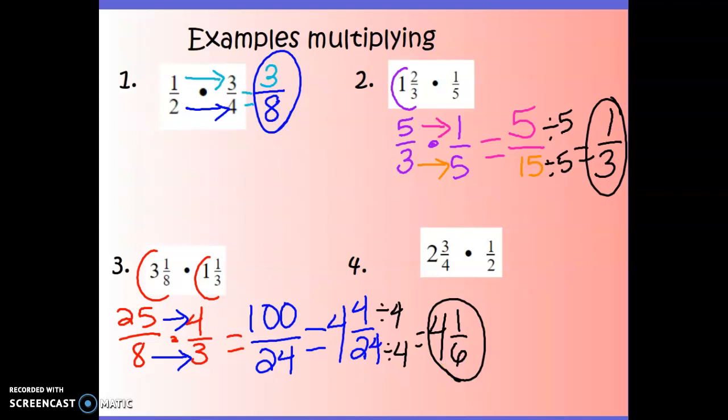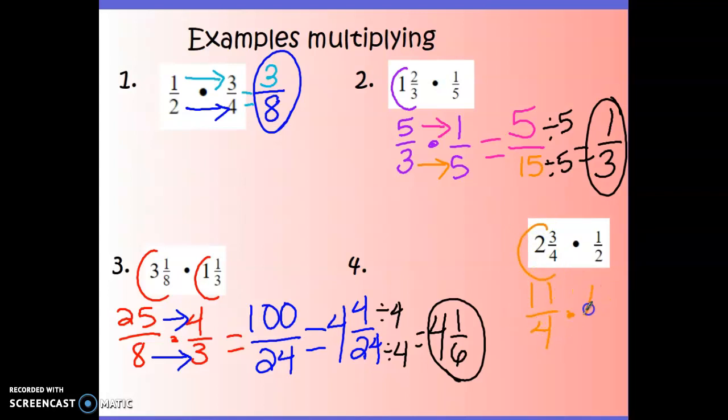Okay, so number 4, first thing I'm going to do is convert to improper fractions. So 2 3/4 becomes 11/4 times 1/2.